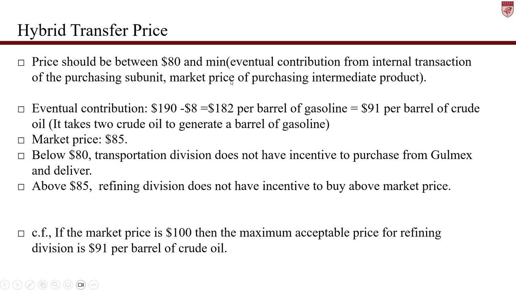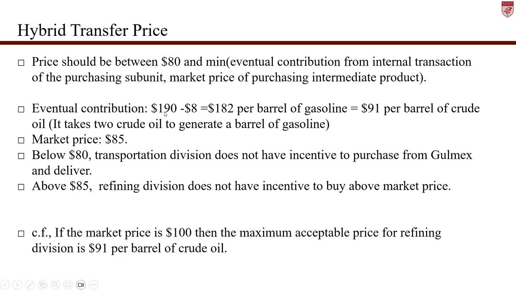right? So the market price of purchasing the intermediate product from the refining division perspective was what? It was $85, right? And how about the contribution margin? Let's figure it out based on the petroleum example.